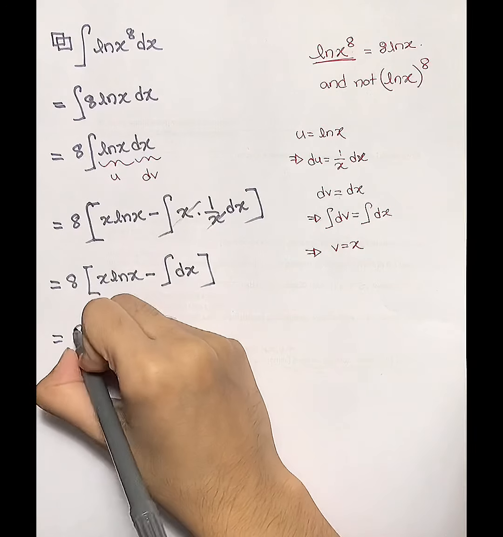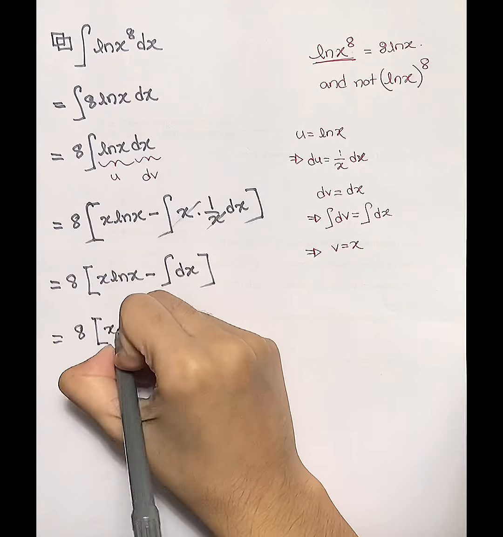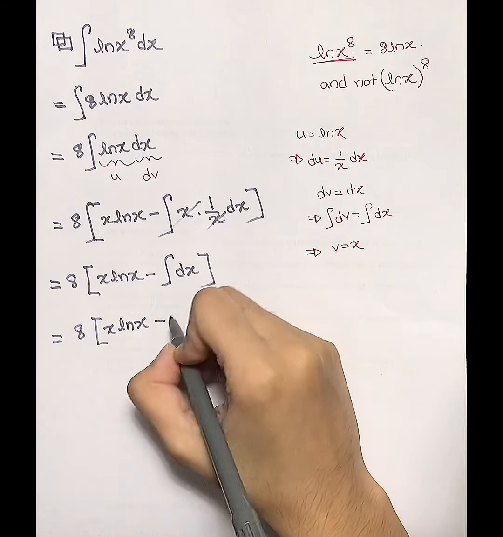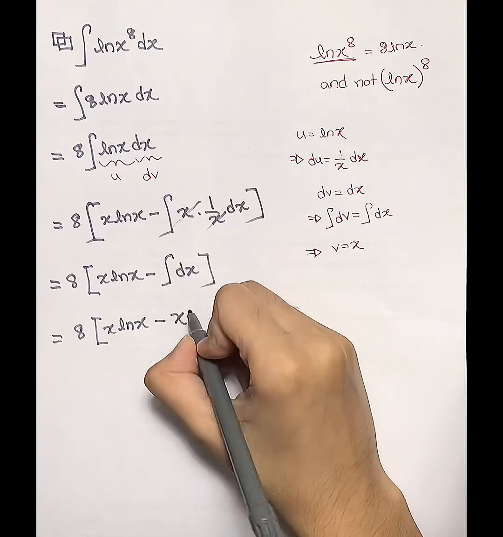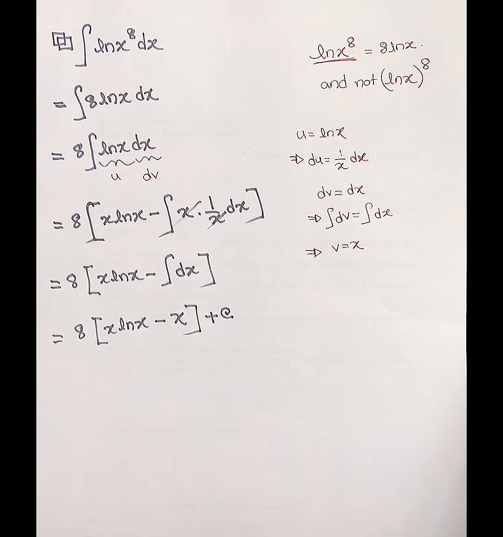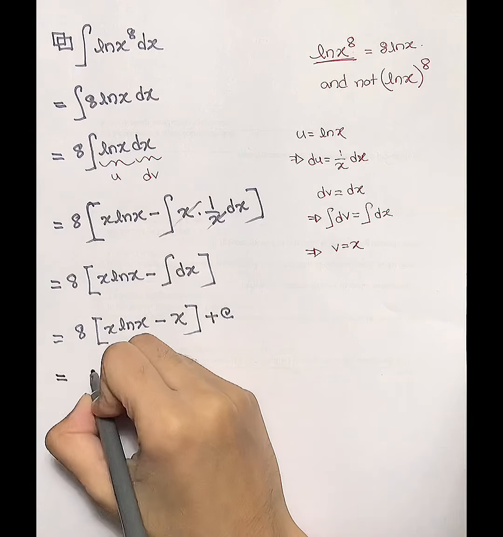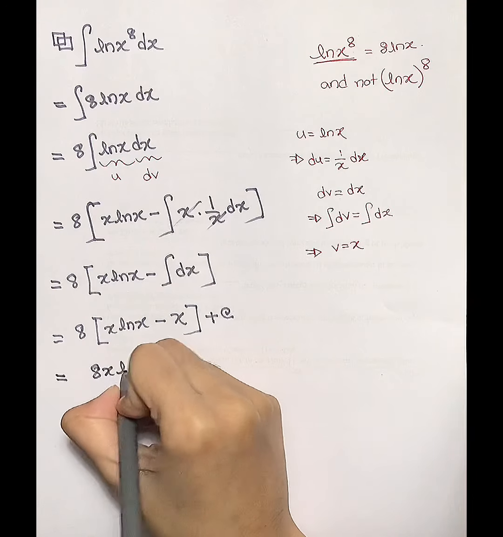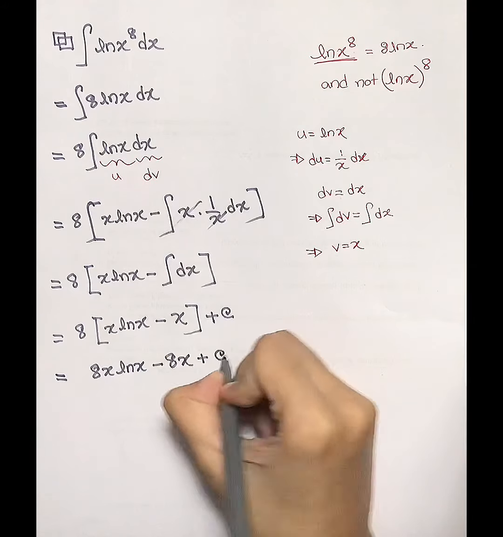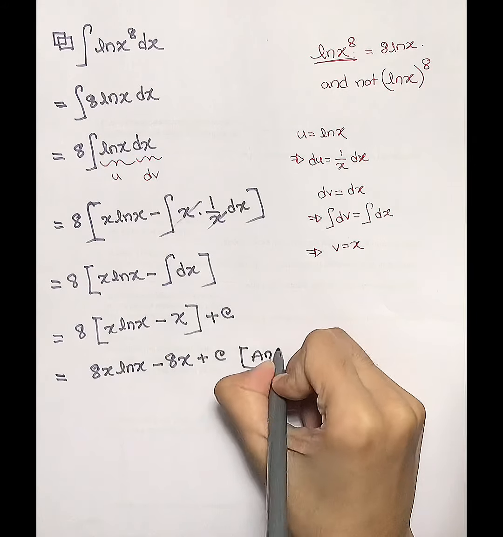Then I will have 8 x ln x minus, integration of dx will give me x, and then plus c. Now if I multiply 8 with this whole thing, I will have 8x ln x minus 8x plus c. So this is my final result.